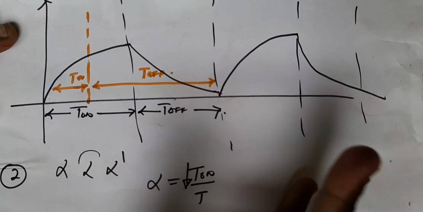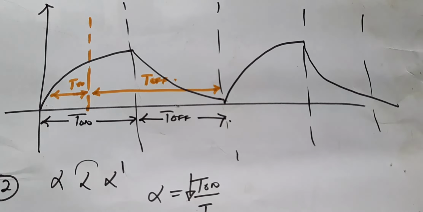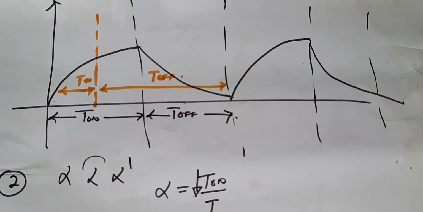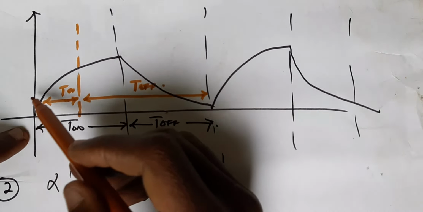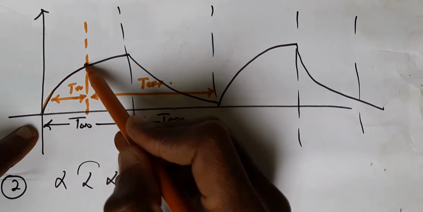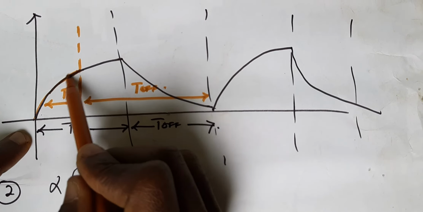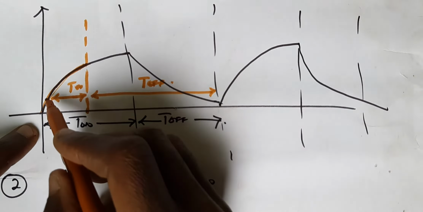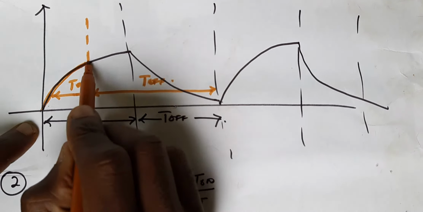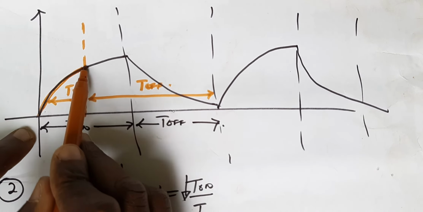So this means that because the circuit is the same and the parameters are maintained constant, we will charge normally up to here, but we don't have enough time to charge more. We'll charge normally until this point and then start discharging here.